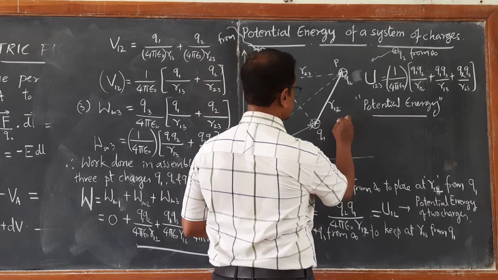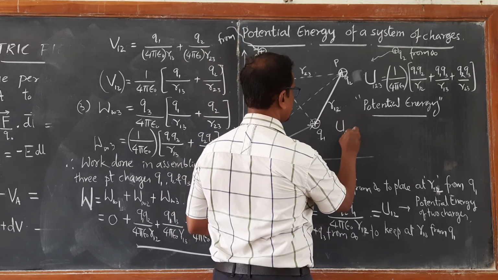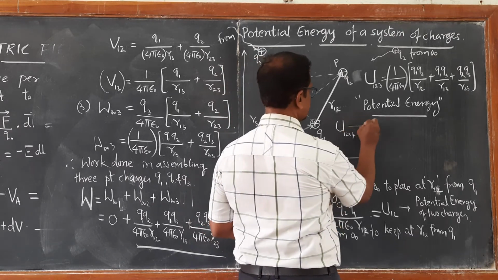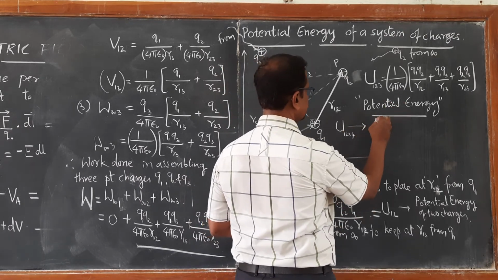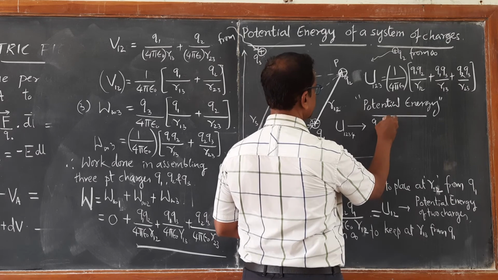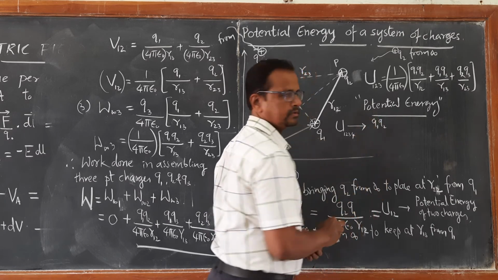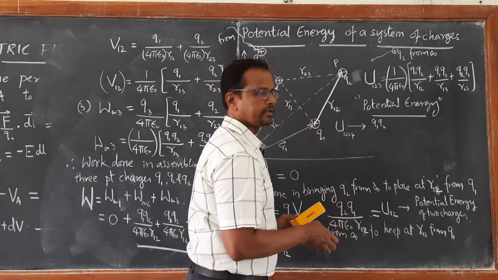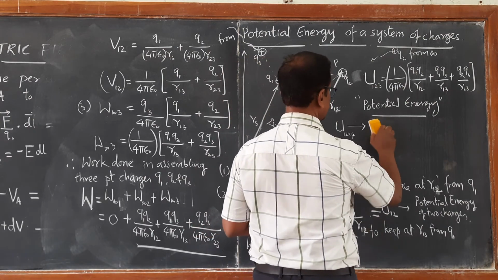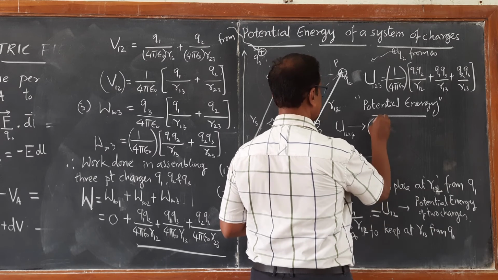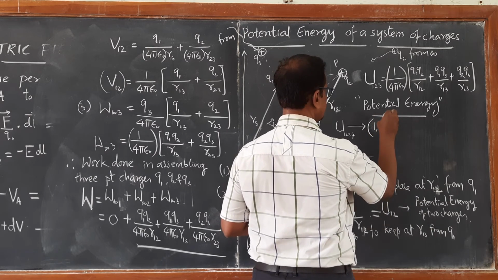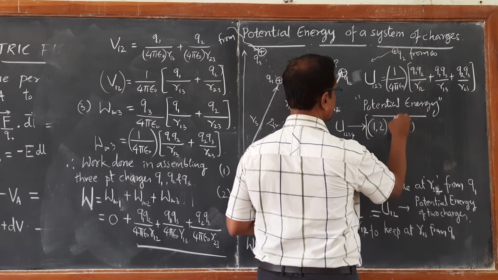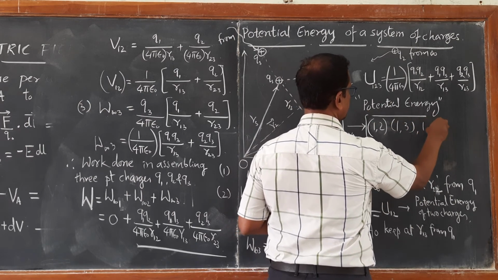If 4 charges, 1, 2, 3, 4, are there, then how do you write? Interaction due to Q1 Q2, I will write simply 1 2, 1 3, 1 4.